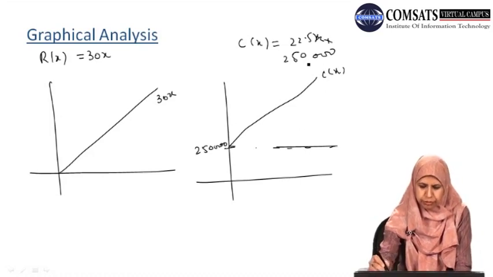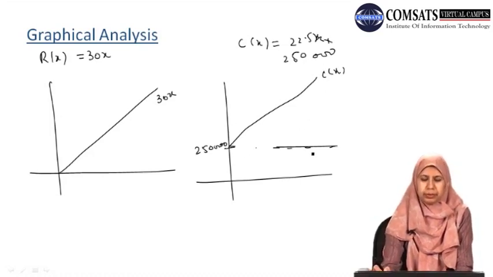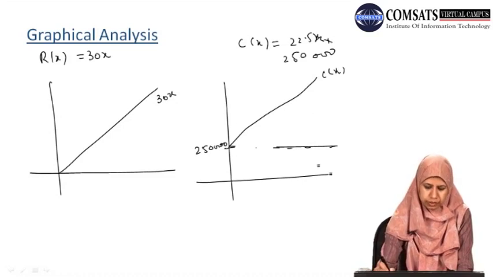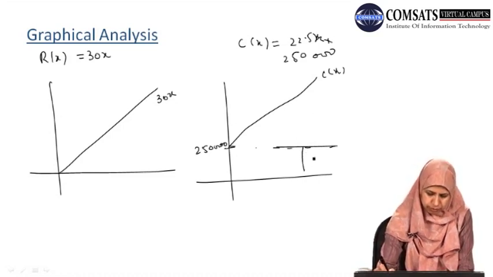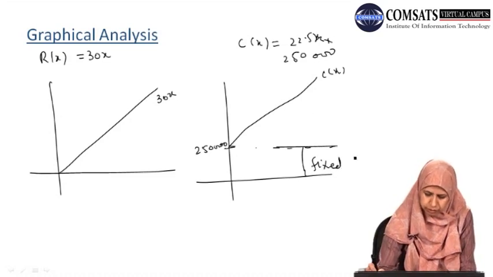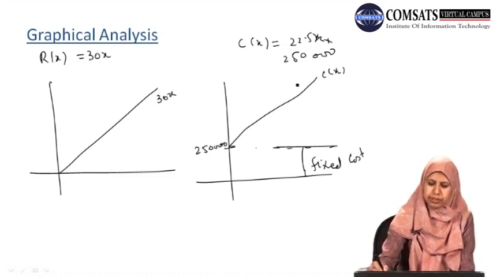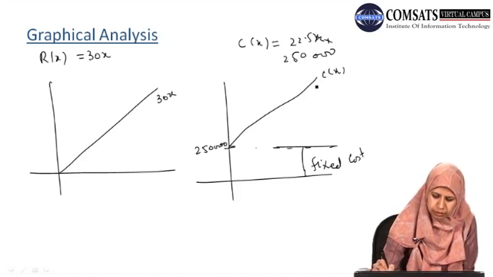We can see that 250,000 is basically our fixed cost. So this is our fixed cost, and this is our variable cost.